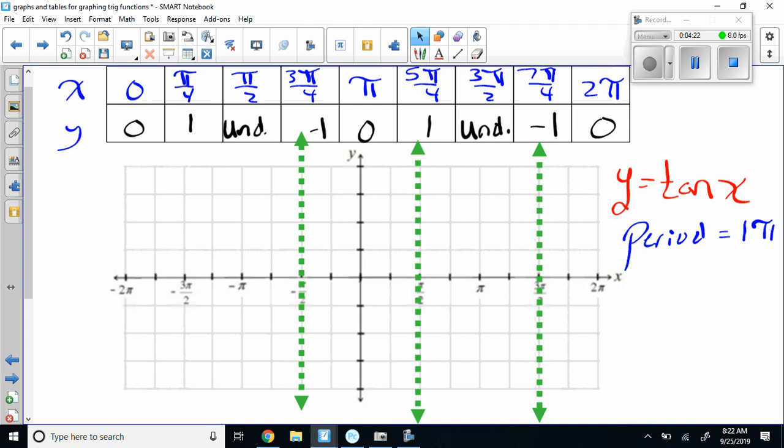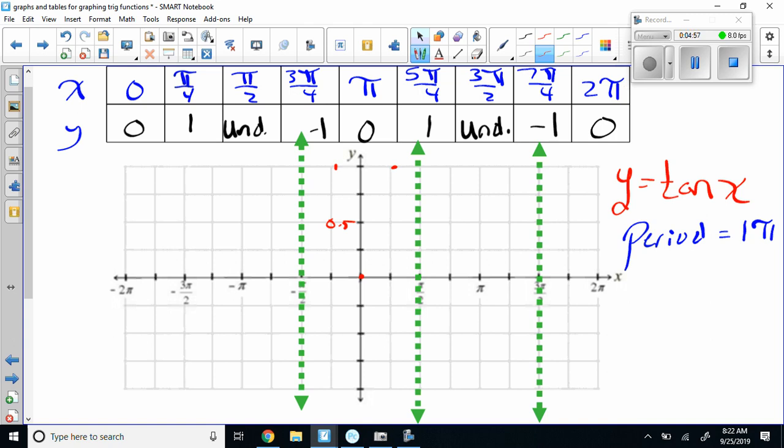Your question was, why is it not 2 pi? Well, let's graph them. So we've got 0, 0, right? And that, we've got 1. What did you make your y scale at? Did you go a half and 1? Okay, we'll follow suit. And then it's undefined, right?